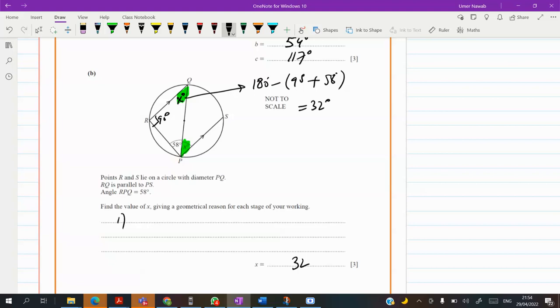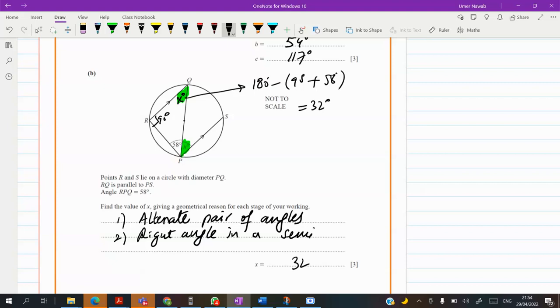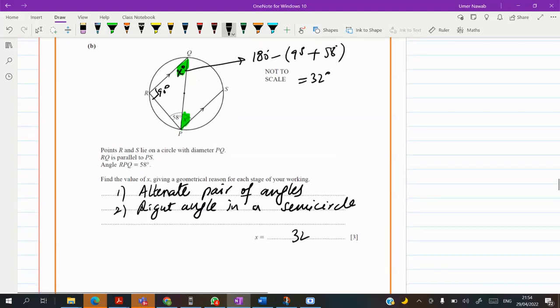What are the reasons I used? First, alternate pair of angles. Number two, right angle in a semicircle. And then the third property, angle sum of a triangle. That the sum of the three angles is 180. So three properties I use to get the value of X.